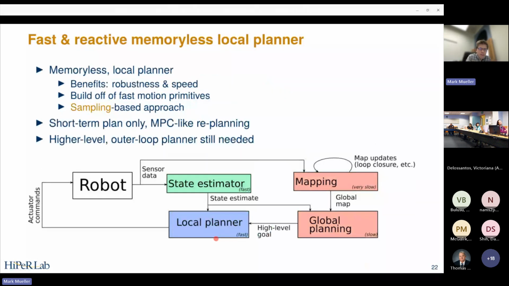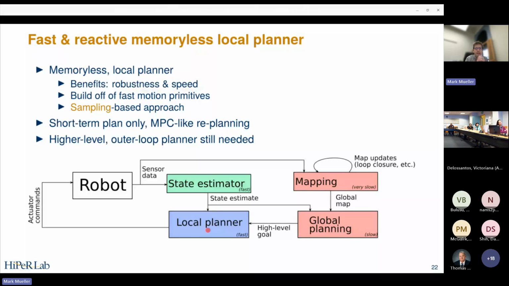So what we've been interested in is modifying this loop somewhat by putting more intelligence in this tight inner loop. So what we want to do, and what I want to talk about today, is have a local planner that is more informed about what the world around it is doing, and through that is able to act in a more safe fashion. So we will have a local planner here that replaces the low-level controller.